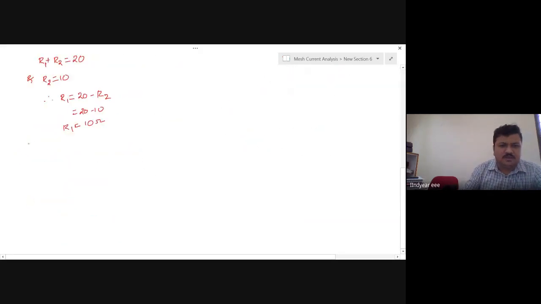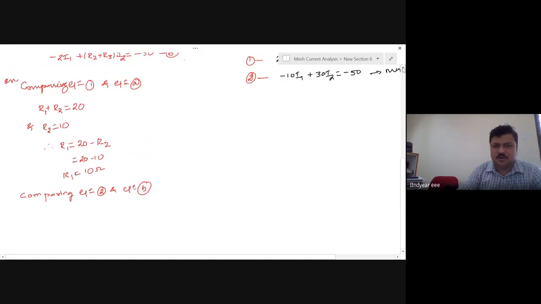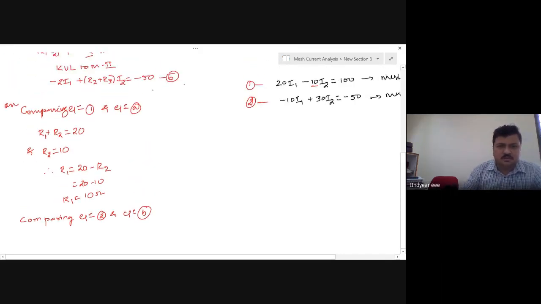Similarly, comparing equation 2 and equation B, this is minus R2 I1.